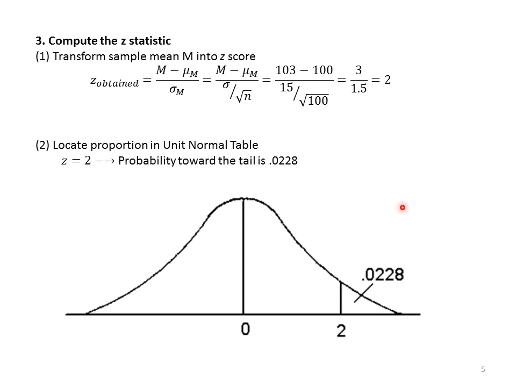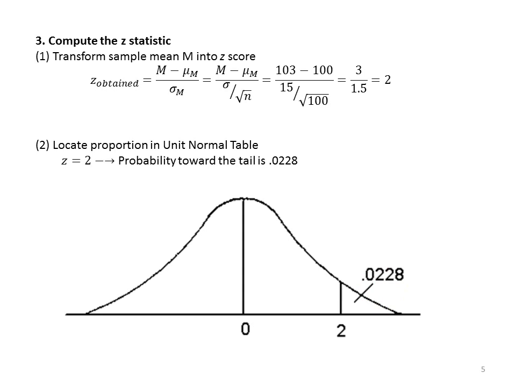And the proportion of the area in this tail is 0.0228. This is our obtained value, and this is the proportion of this small tail area.